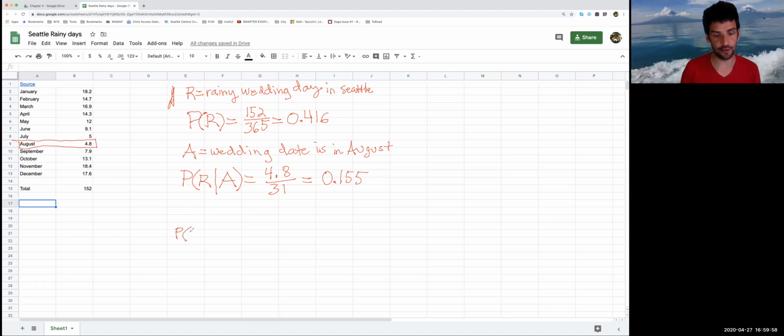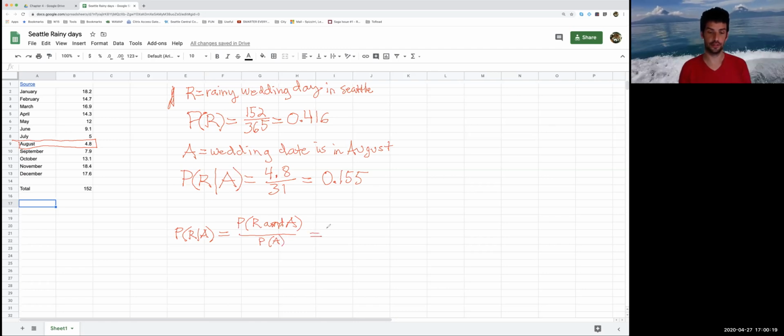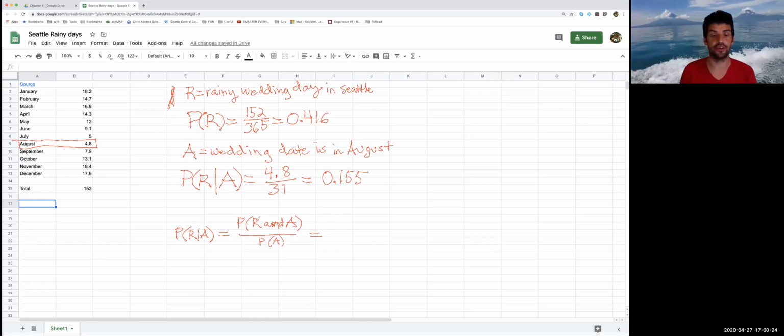Let's look at this one more way with that formula we had a second ago. So this should be the probability of R and A divided by the probability of A, right? So let's think about how we would compute this.